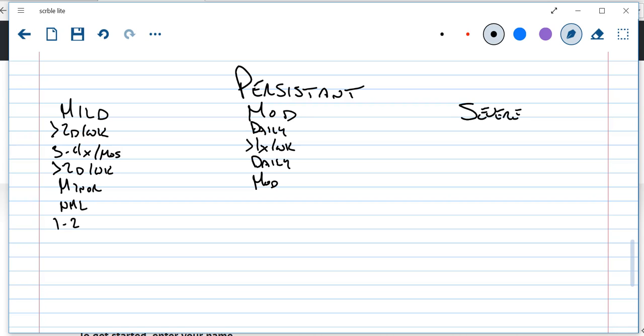We're going to see that ratio be above 60%, but now it's going to be less than 80. And they're going to be using oral steroids more than 2 times a year.